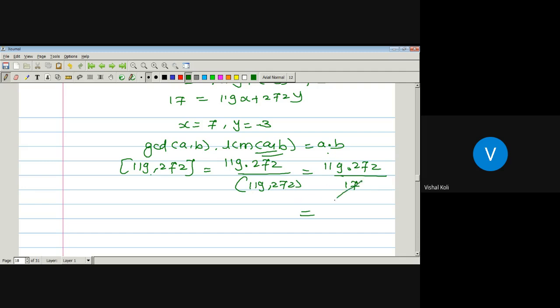So 17 into 7, and 7 into 272 is 1904. So the LCM of 119 and 272 will be 1904.